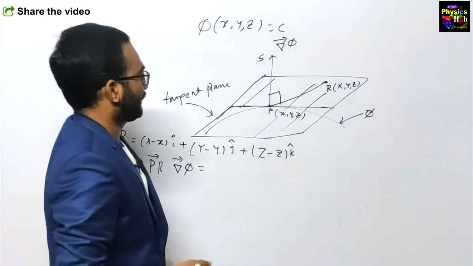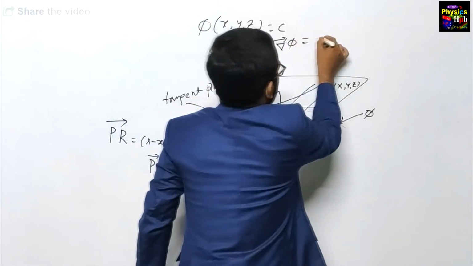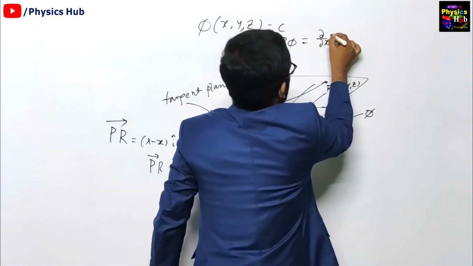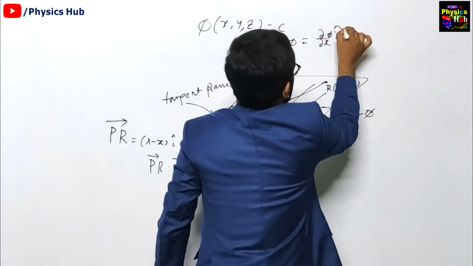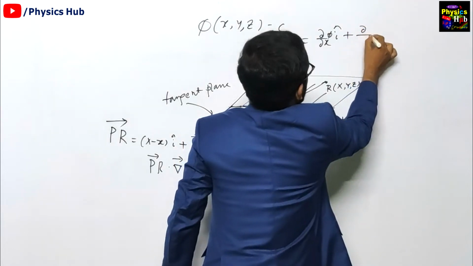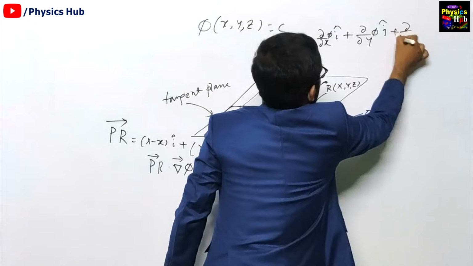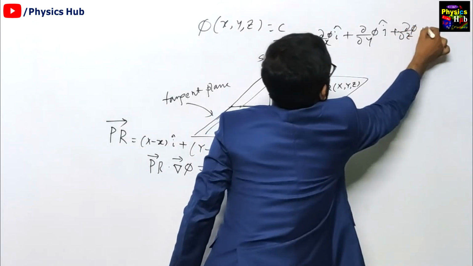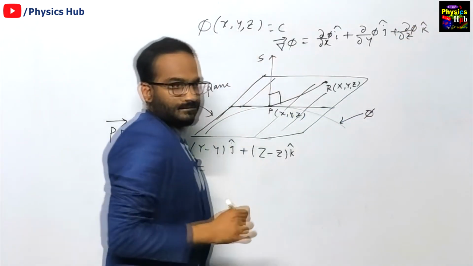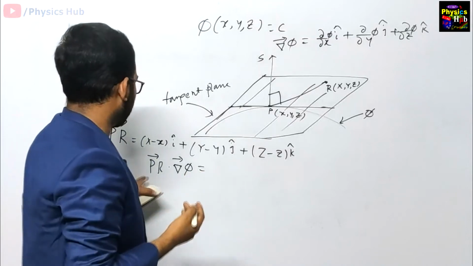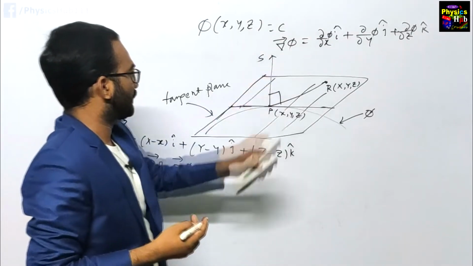And what is grad phi? Grad phi is nothing but del x phi i cap plus del y phi j cap plus del z phi k cap. So if you do this, what do you get?